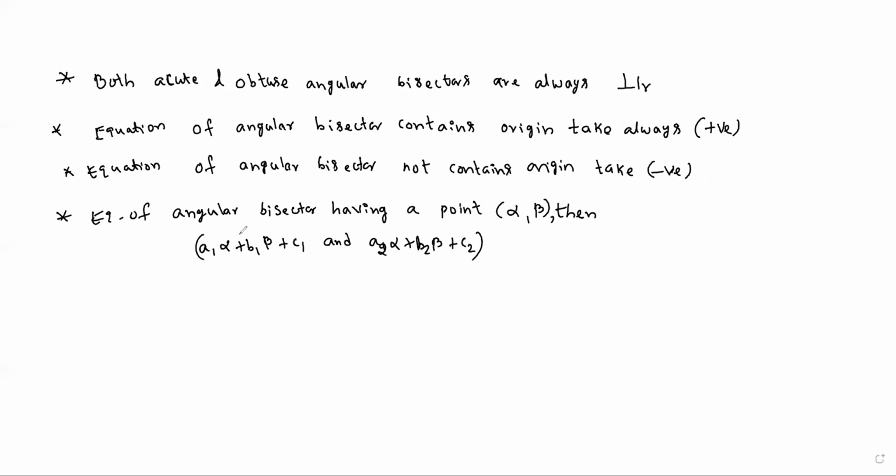You will find these two values. If these two values have the same sign, then you will take positive, because they have the same sign. When the same sign is there, then you will take the angular bisector.